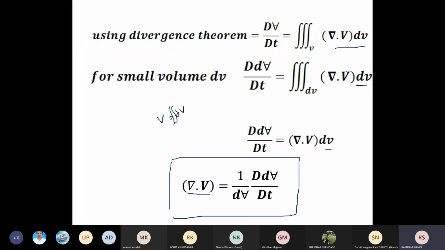And in this equation, when we assume a very small volume, that is the control volume is small, then the integration is equal to the integrand. So you can remove this integration, and you can get this one. Now here you can take dv on this side, and so you will get divergence of velocity is the time rate of change in volume with respect to volume. Okay. Have you got it?